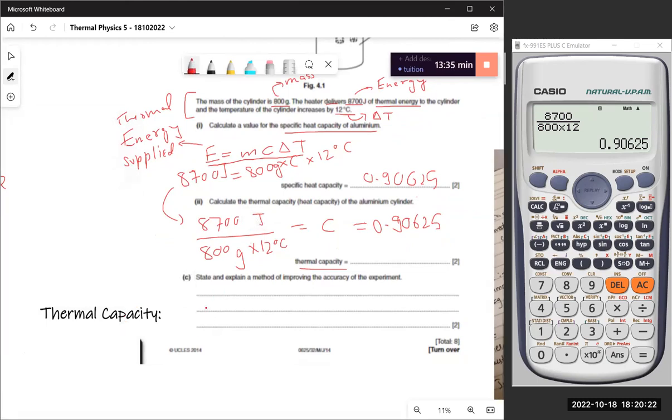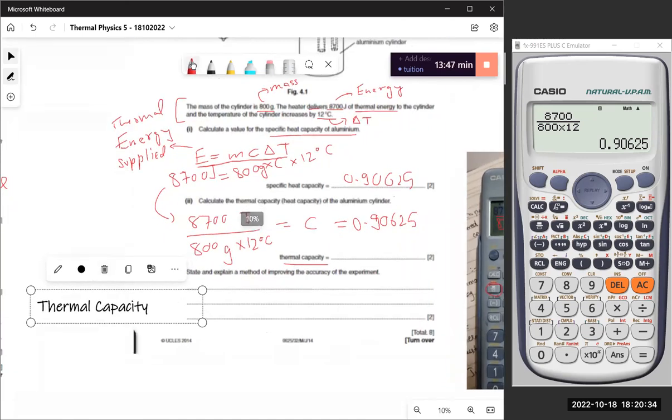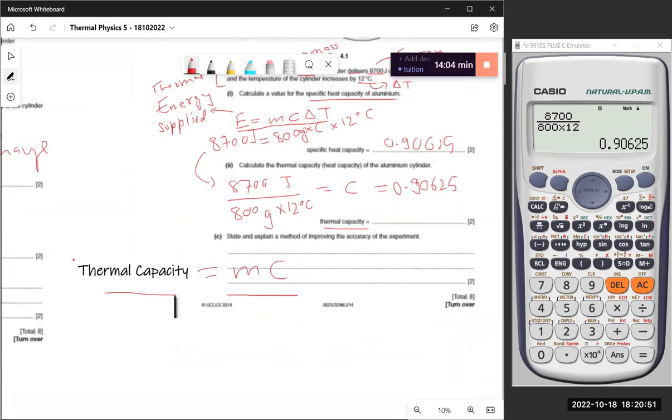So thermal capacity is equal to Q. But sir, can you please go a bit up? I'll go there in a second. Just a second. Now thermal capacity is Q over, let's say not this. Thermal capacity is M into C. That's thermal capacity. Write this as well.